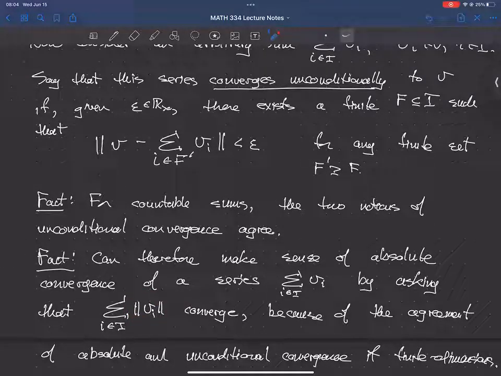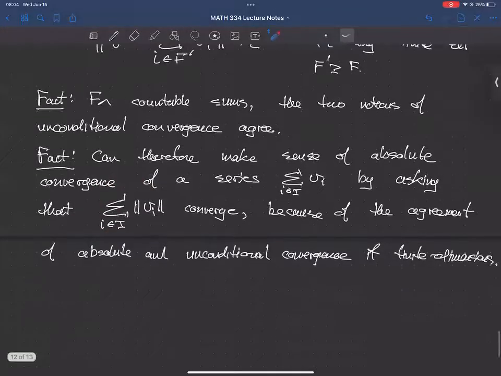So I'm applying this definition of unconditional convergence to a series of positive real numbers, and that makes sense because absolute and unconditional convergence agree in that case. And so the point is that this new definition of absolute convergence agrees with the countable definition of absolute convergence.